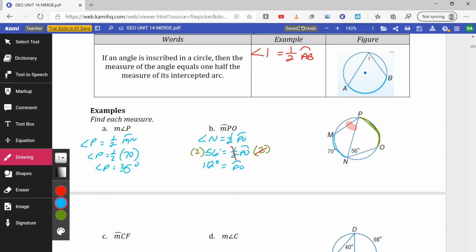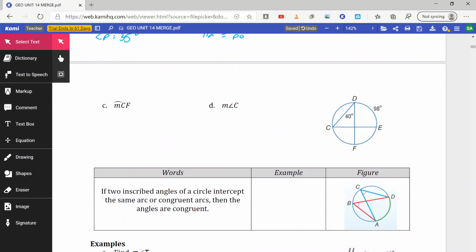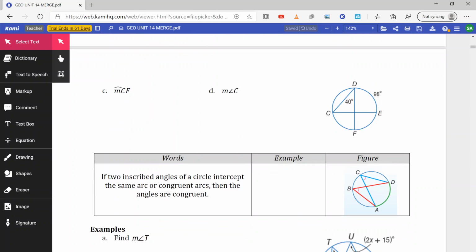We can use that in our next example to figure out arc CF and angle C. What we have to do here is take a look at the circle, locate the pieces we need, and figure things out. Here we have this circle. It doesn't give us a center. We have arc DE being 90 degrees.